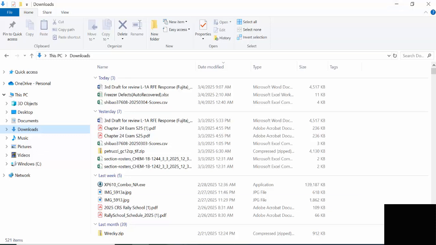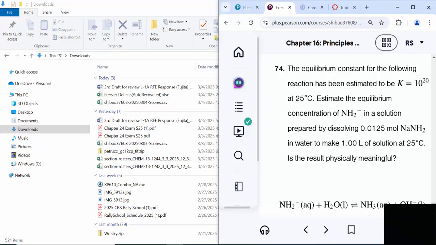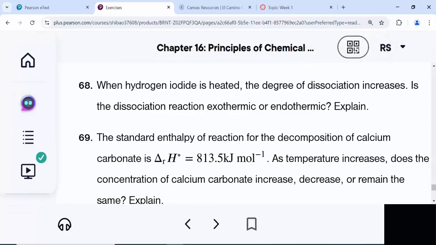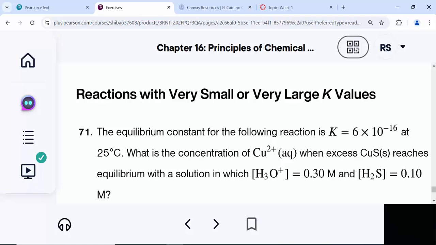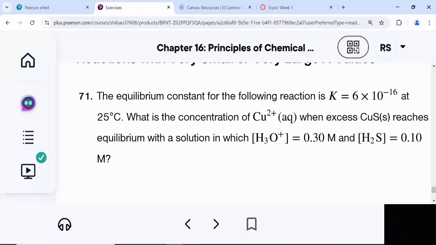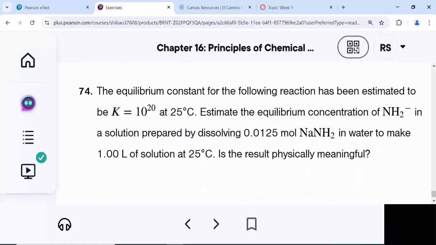So let's take a look at this problem here. The equilibrium constant for the following reaction has been estimated.